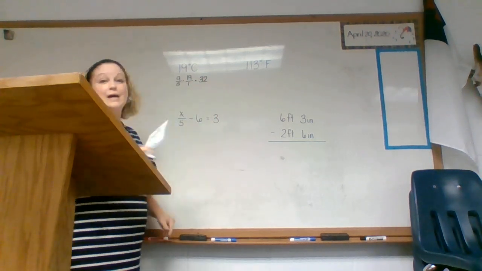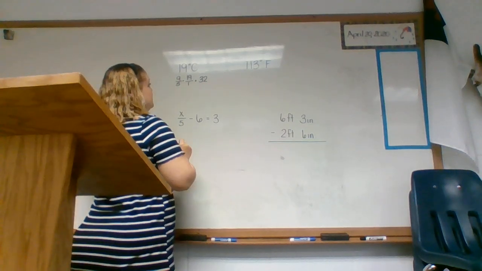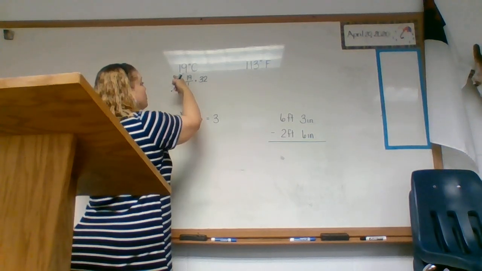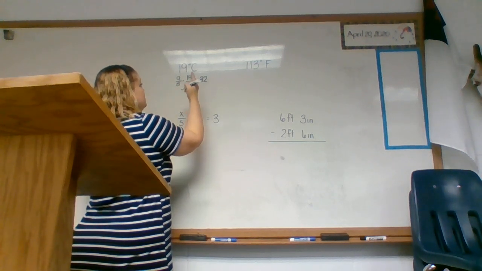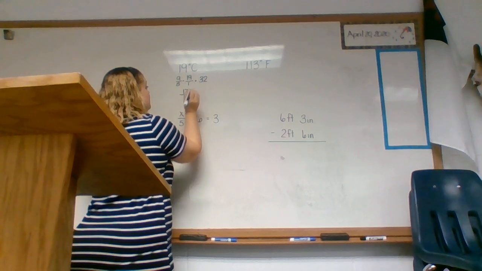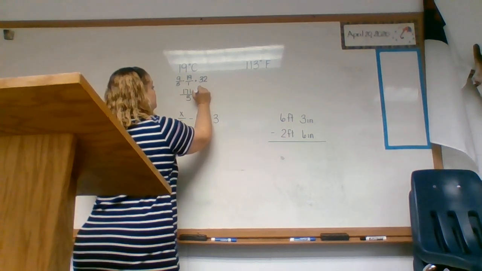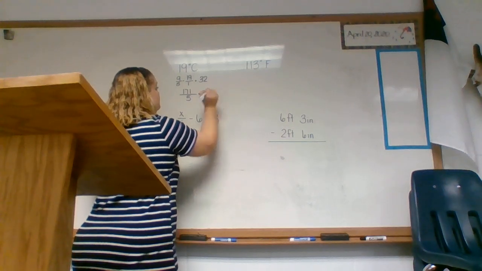Plus 32, so that's where we're going to get our answer from. There's nothing we can cross cancel. So we're going to do 9 times 19, which is 171, over 5 times 1, plus 32.